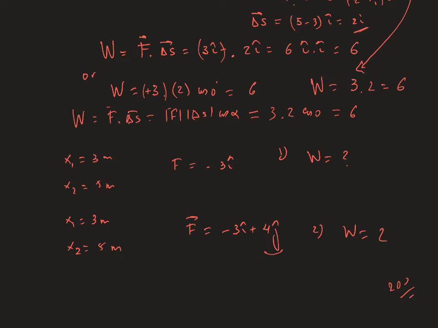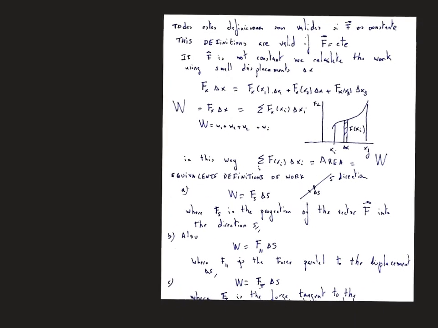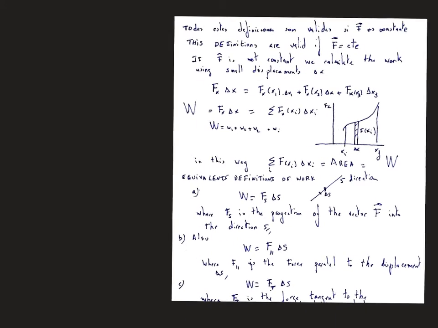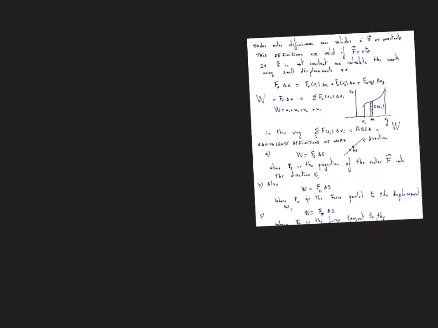Okay. Well, this definition that we have used, the work equal the force by the displacement, the scalar product of the force by the displacement, is valid when the force is a constant vector. A constant vector means that the vector does not change in magnitude, does not change in direction.